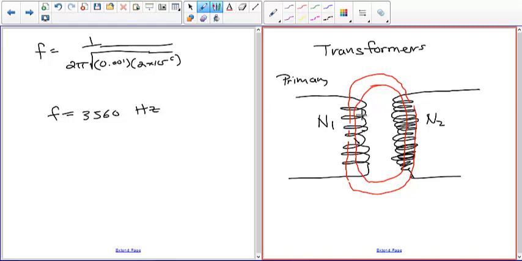So we're going to vary the current and voltage through the primary loop. And what that's going to do is the changing current is going to create a changing magnetic field inside the core, and that changing magnetic field is going to come over here and then go through this secondary loop.